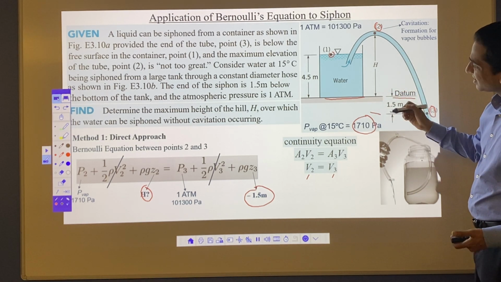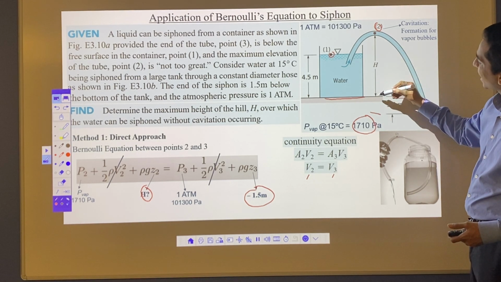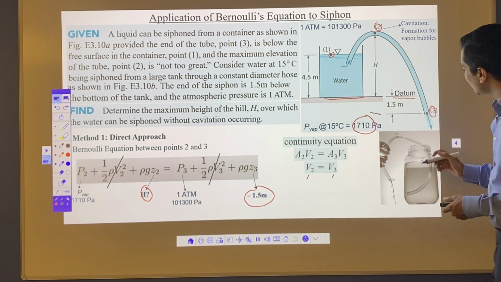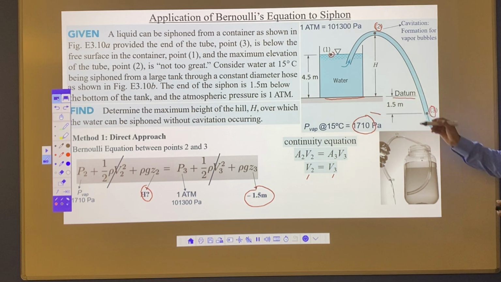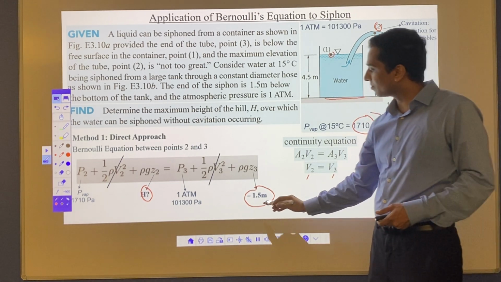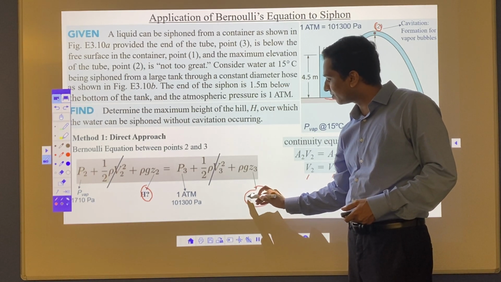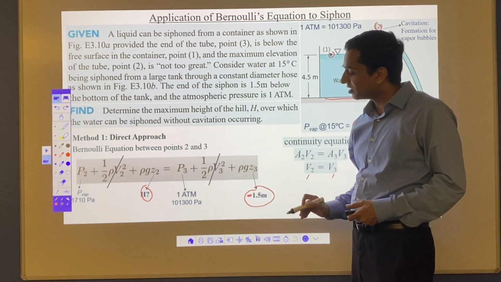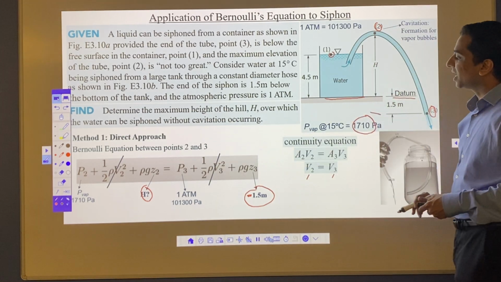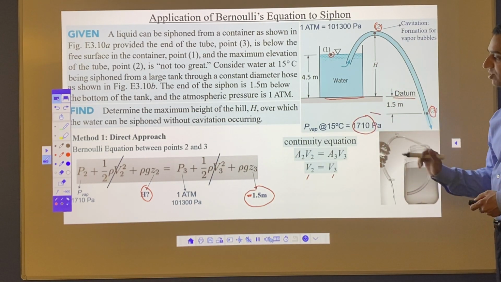But in this problem, they have asked us to calculate the height from the base of the tank, and the datum is set there, so we are going to do the same. But point 3 is below the base level of the water tank, so I'm going to take that as minus 1.5. Remember, this minus is very important. If you forget that minus, you are going to get the wrong answer. So make sure you understand that you have a negative sign here.